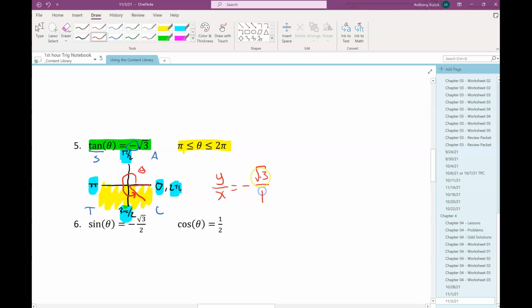And that has to equal negative square root 3, right? That's what it's told us in green. I'm writing it as a fraction because when I go to the unit circle, I'm going to be looking for a place in quadrant 4 where the y-coordinate has a square root 3 in it and the x-coordinate has a 1 in it.